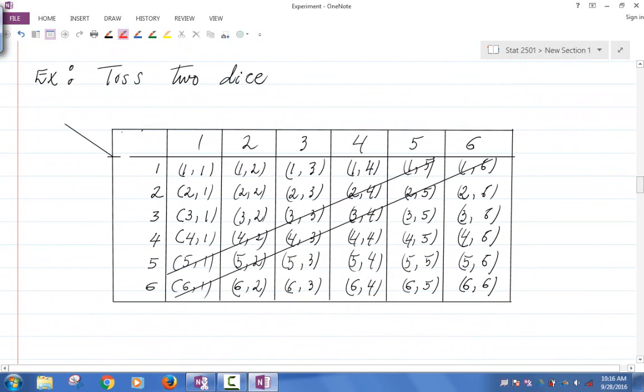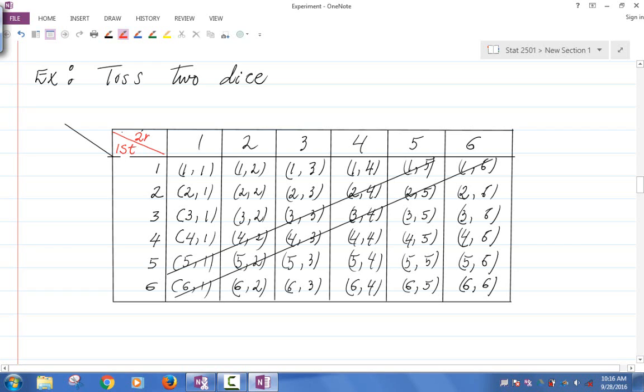Okay, let's say you toss 2 dice. If you toss 2 dice, then what are the possible outcomes? Well, let's say you start from the first die. So the first column gives you the outcomes of the first die.